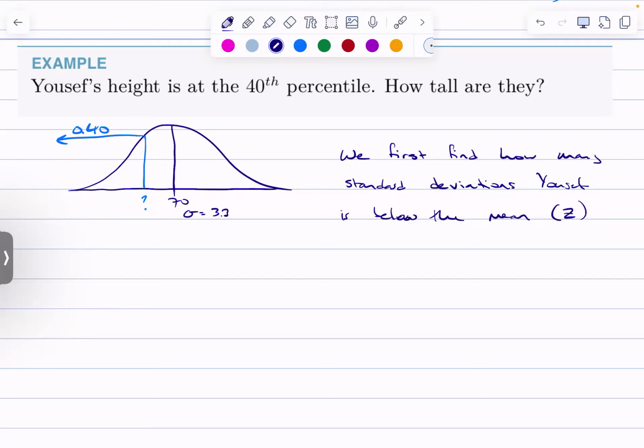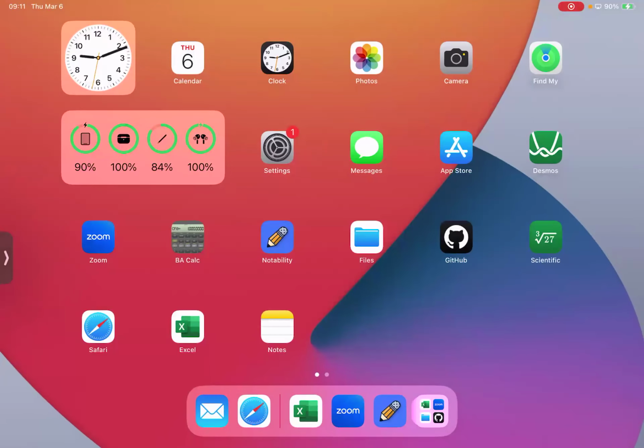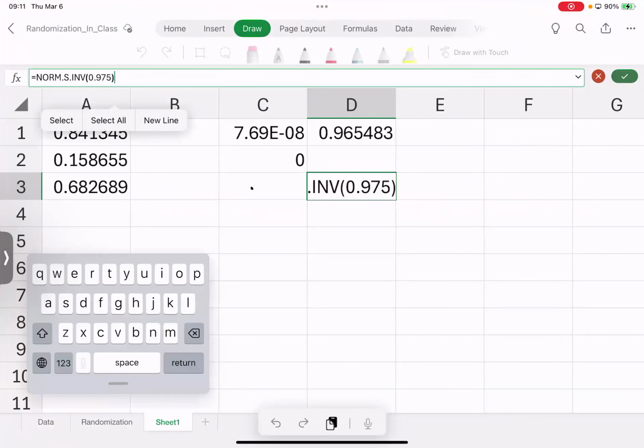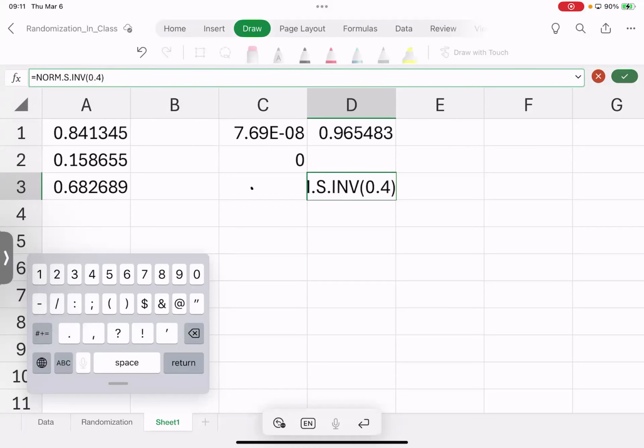Okay. If I have a probability and I want a Z, I can use the inverse, right? That's an inverse function. And I'm just going to change this little guy here to be 0.4.